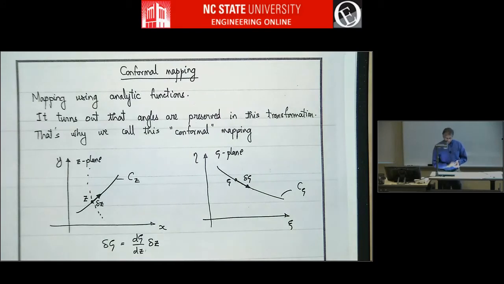When you map using analytic functions, that kind of mapping is called conformal mapping. Essentially we are going to use these transformations to transform one shape into another shape. Where we are going with this is, eventually we want flow past an airfoil.